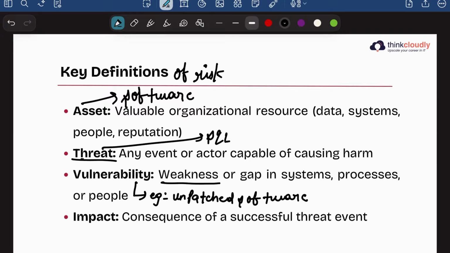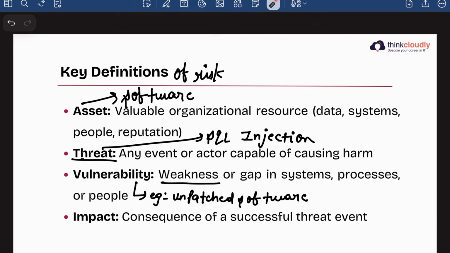The risk is a data breach, isn't it? So can you see, imagine removing any of them. Let's say there is no software. If there is no software, there will be no patching or unpatching, then there will be no SQL injection as a threat, and then no data breach, right?